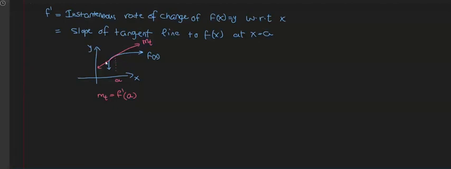We might have a line like this if it's of a positive slope. So we will say if the line is with a positive slope, that m_t, which is equivalent to the f dash of a, is bigger than 0, which means that it's positive. Right?